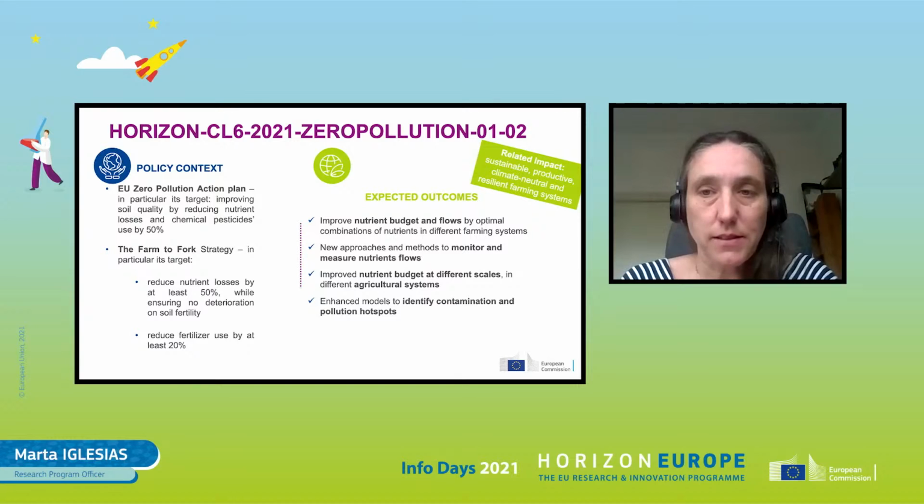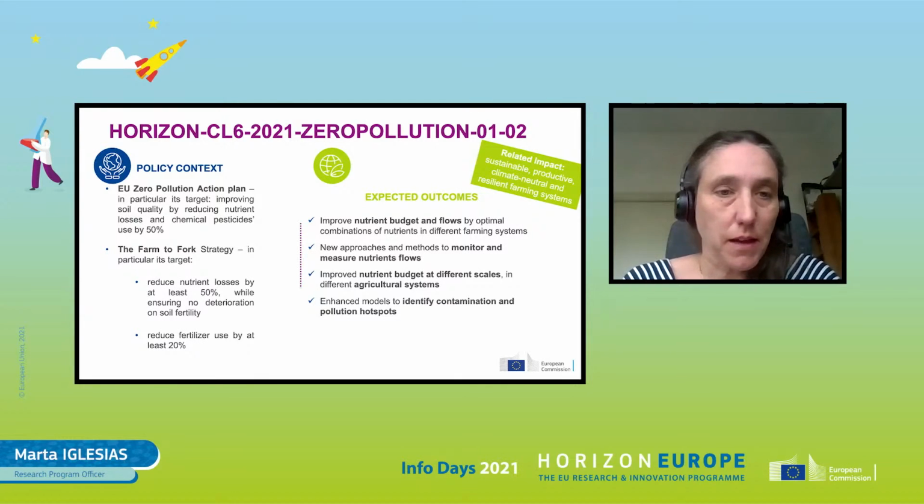The action plan sets targets for 2030 to reduce pollution at source in comparison to the current situation. Moreover, the Farm to Fork strategy puts forward the ambition for 2030 to reduce nutrient losses in the environment from both organic and mineral fertilizers by 50%, while at the same time ensuring no deterioration in soil fertility.